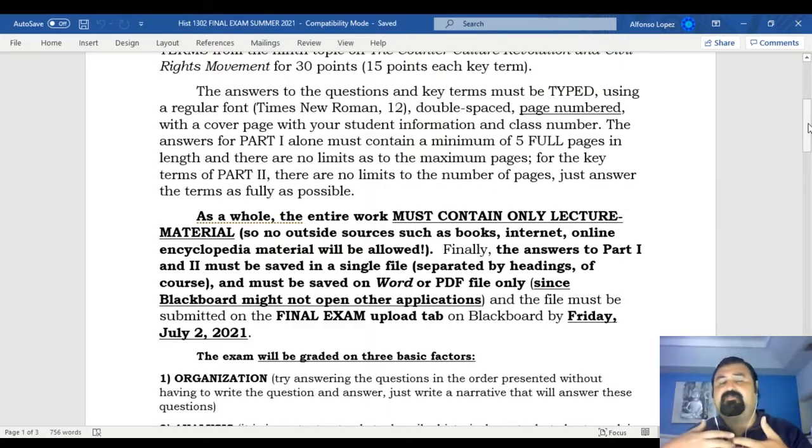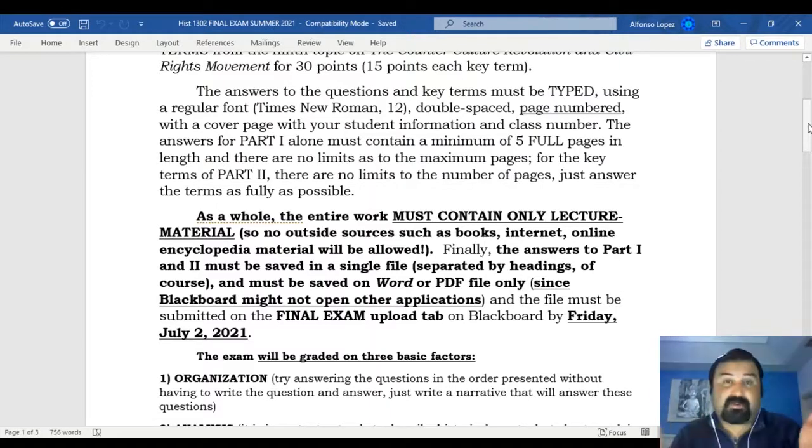Part one and part two must be saved in a single document. Please include a heading that indicates where part one and part two are. As you move into part two, I'm expecting that you at least indicate this is part two, with a heading that separates those two parts. But they must be in a single document, in Word or PDF.